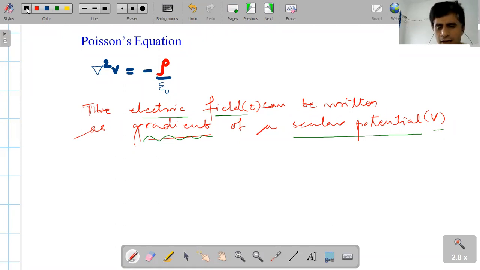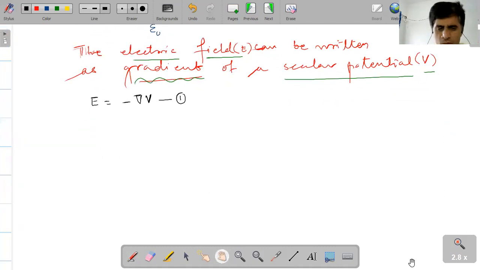Based on this, I can write E equal to minus gradient of V. Here I will write this is your equation number 1. Then I will take the divergence of both sides of equation 1.